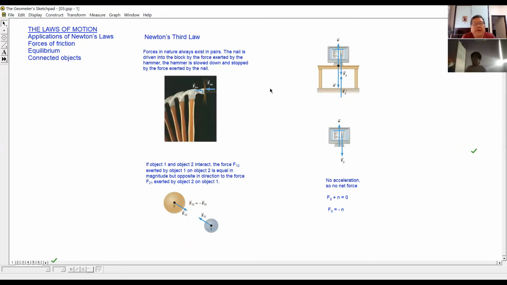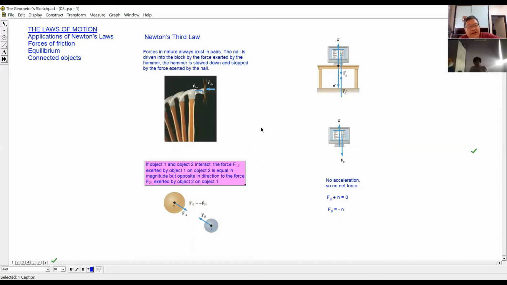The magnitudes of these two forces are the same. The only difference is the direction. So the hammer exerts a force on the nail, and the nail also exerts a force on the hammer. That's why the hammer comes to a stop after hitting the nail, because the nail also offers an equal and opposite force. So this is Newton's third law.